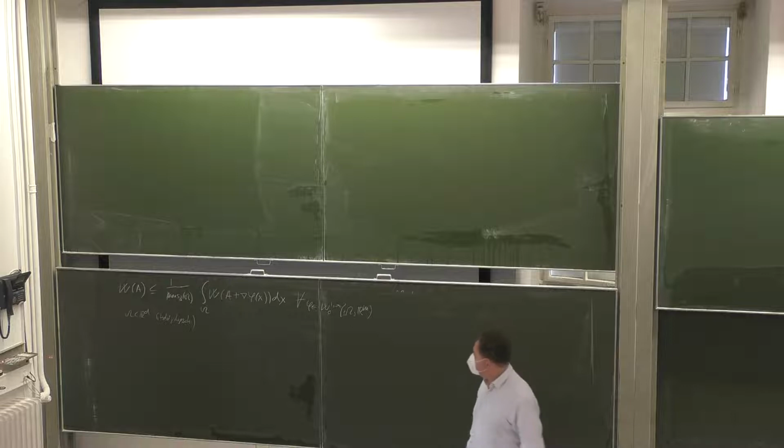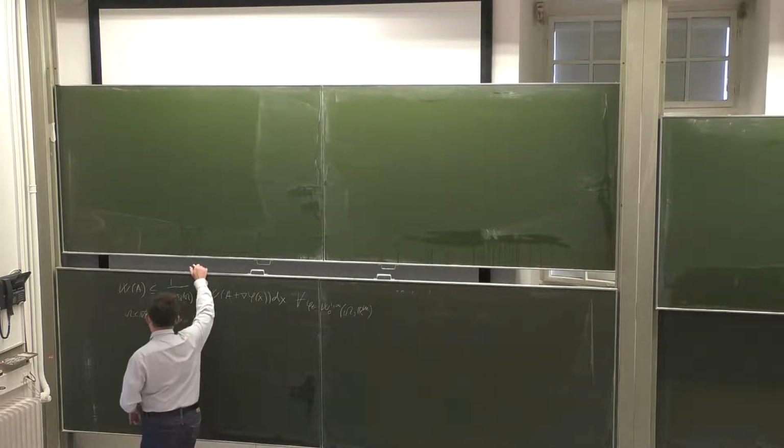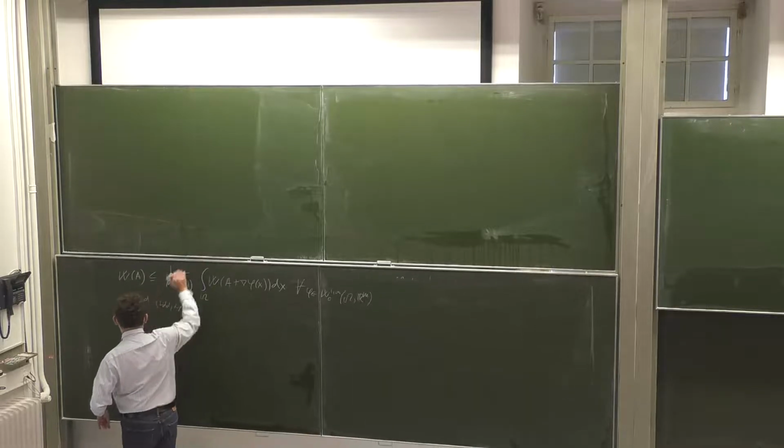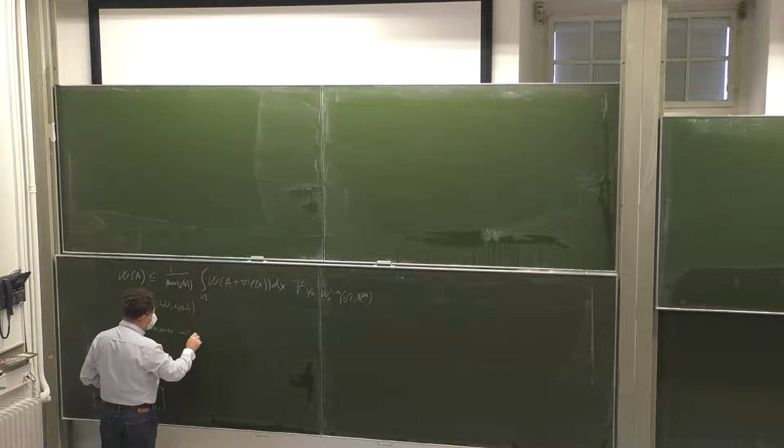And we know that, for W continuous, quasi-convexity implies rank 1 convexity. So W quasi-convex implies W rank 1 convex.